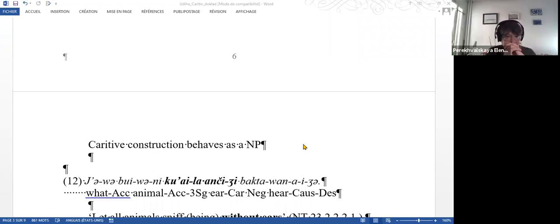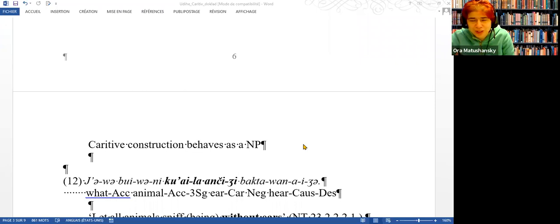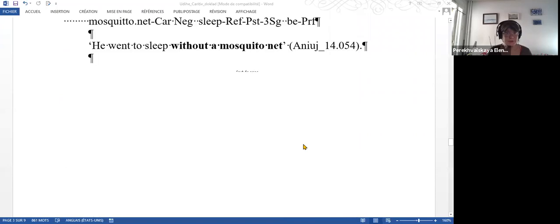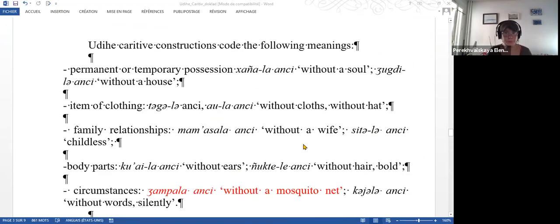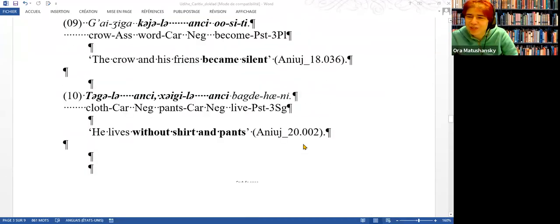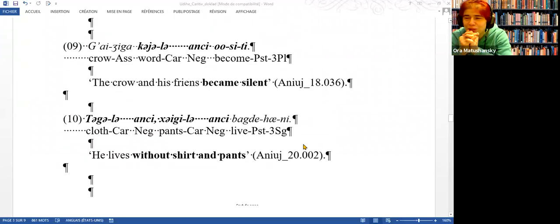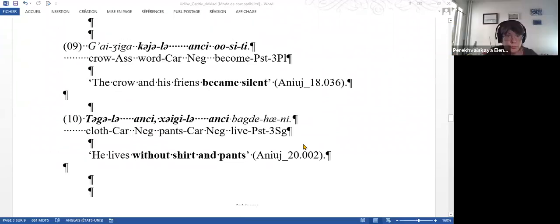And if you're trying to say something like without a shirt or pants, would you say shirt la negation and pants la negation? Yes, exactly. So can you, for instance, share the anti outside? No, absolutely no. And you see, example 10 is just exactly like that.